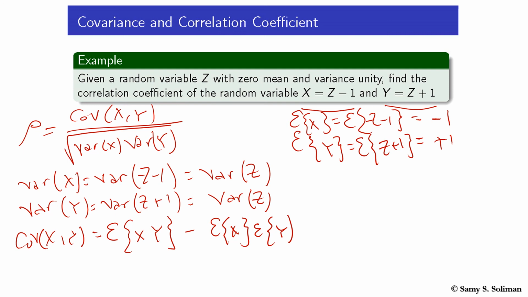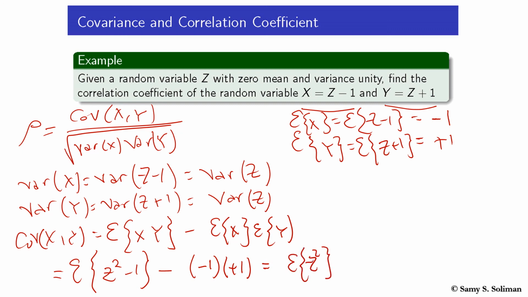And for the covariance, expected value of x, y is actually equal to the expected value of z minus 1 times z plus 1, so that is z squared minus 1. And again, let's write the expected value of x and y here, which we calculated as -1 times +1. So this is equal to the expected value of z squared minus 1, because the scalar can be taken outside the expectation, in addition to this term, which is equal to +1.